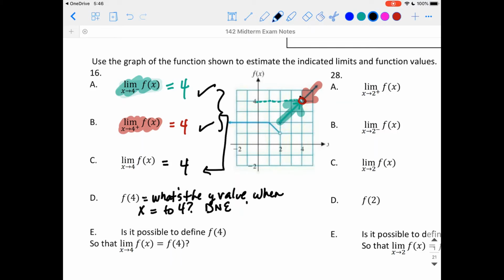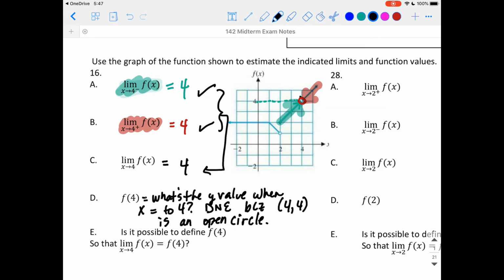because 4 is an open circle. So it's kind of weird.